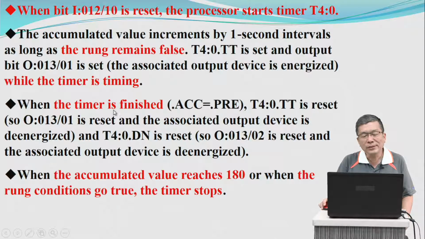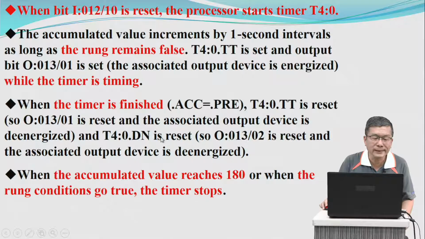When the timer is finished, .acc equals .pre. T4:0.tt is reset, so output 013-1 is reset, and the associated output device is de-energized.